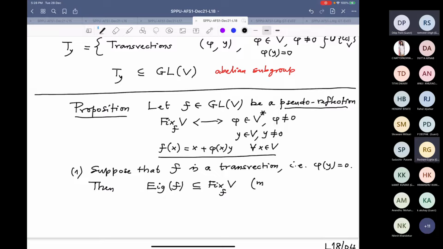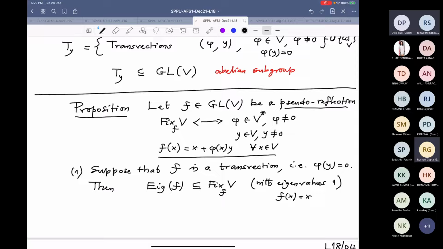I will write here with eigenvalue 1. All of them are lying in the hyperplane only. So it's obvious, if you have an eigenvalue 1 eigenvector, what does that mean? That means f of x equals x.